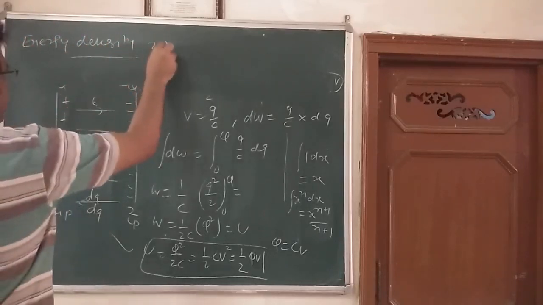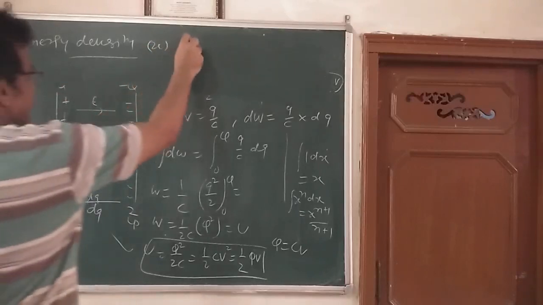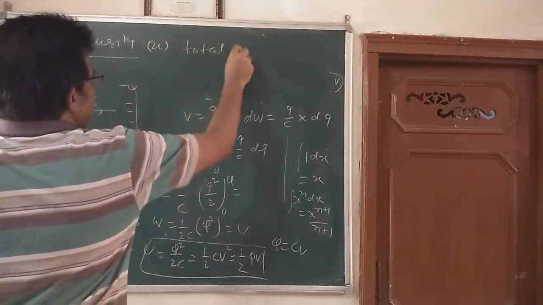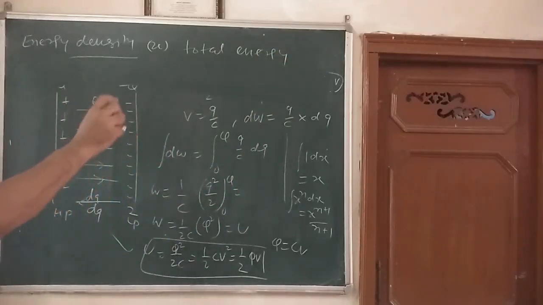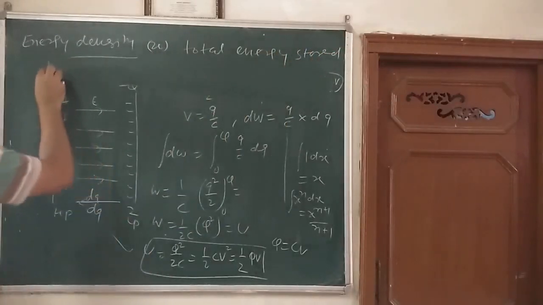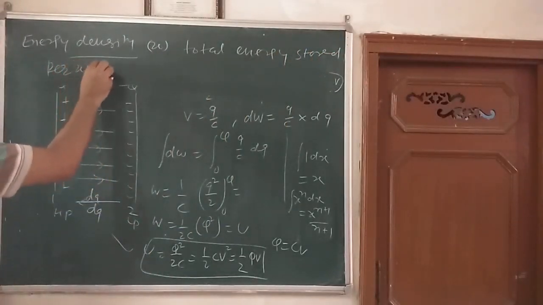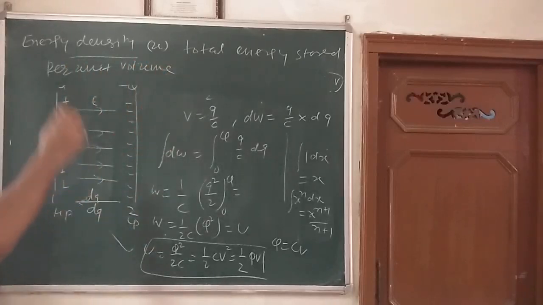Energy density symbol is u. It is the total energy stored per unit volume. You can easily write.